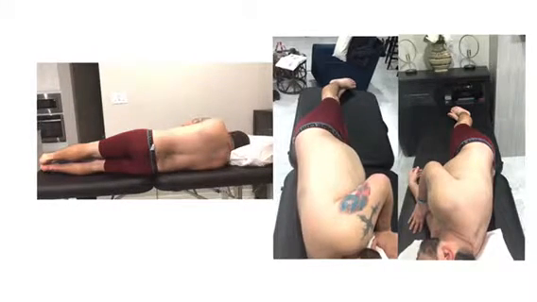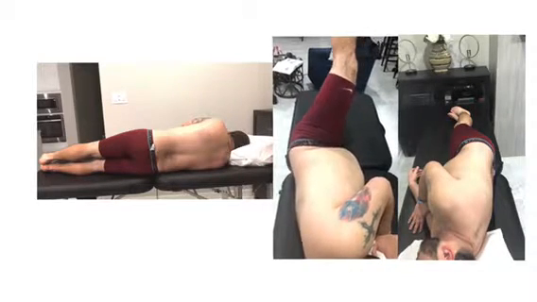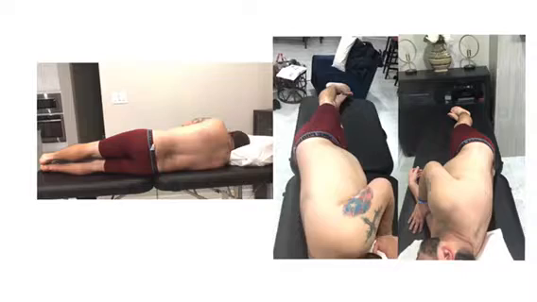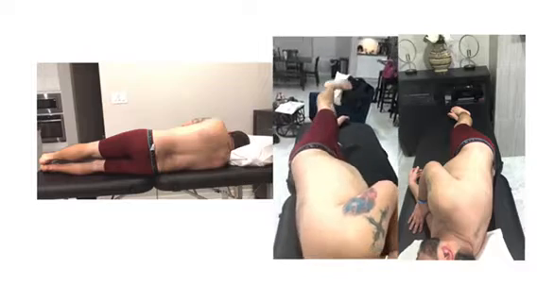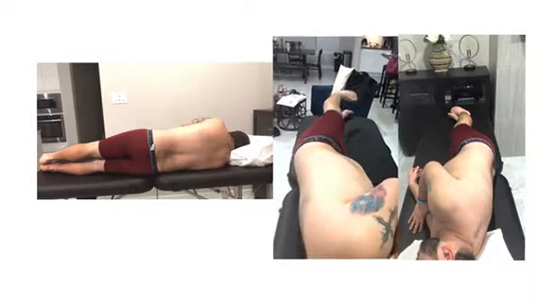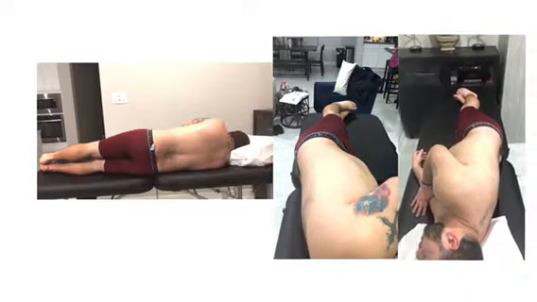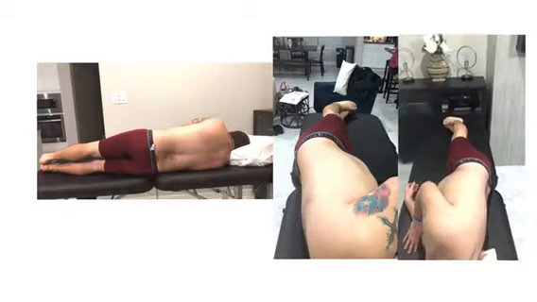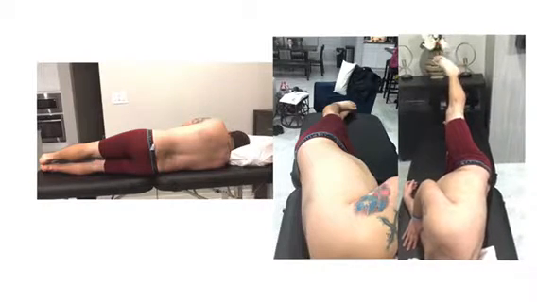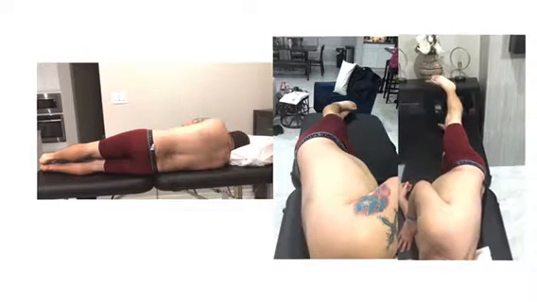And if you can try those same 3 lifts again for your left leg, go ahead. Okay, go ahead and try one more time, 3 times for your right leg in hip abduction. Thank you.